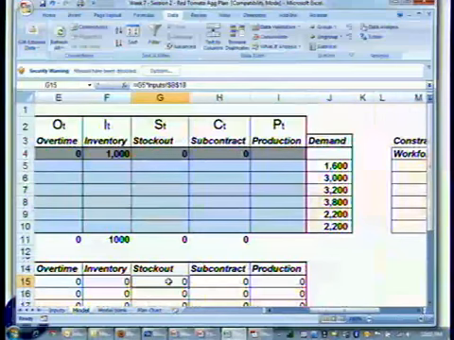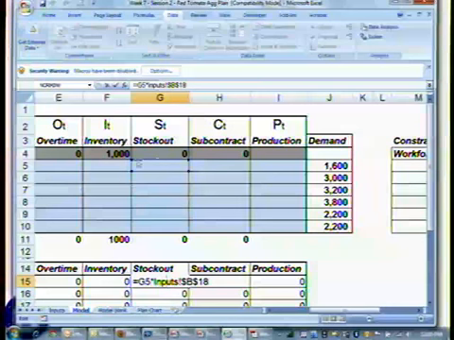Our stockout cost is also the number of units we calculate for our stockout. This will be our backlog quantity that we need to satisfy in later periods.